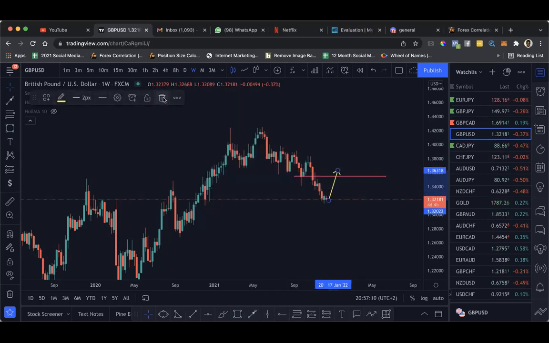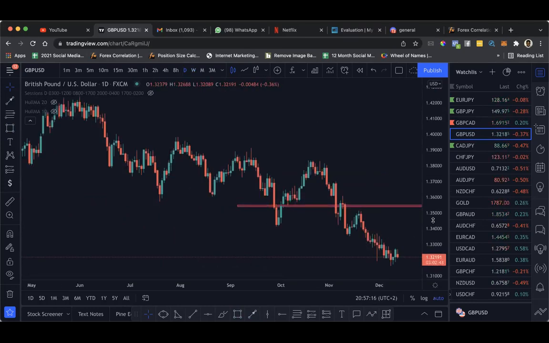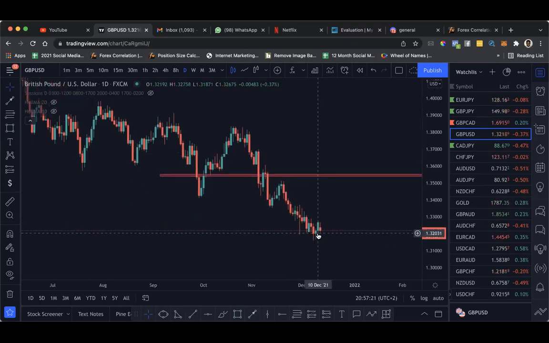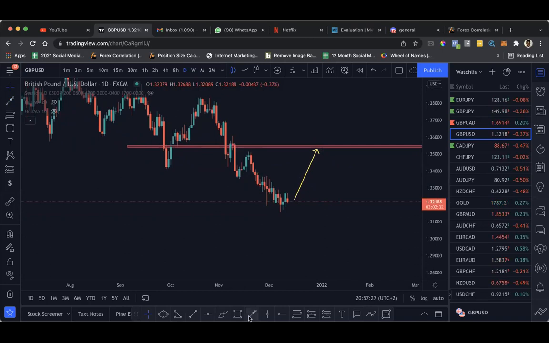So let's go to the daily. So we're trying to find a possible setup that will move price up here, or we find a setup that aligns with the continuation to the downside.